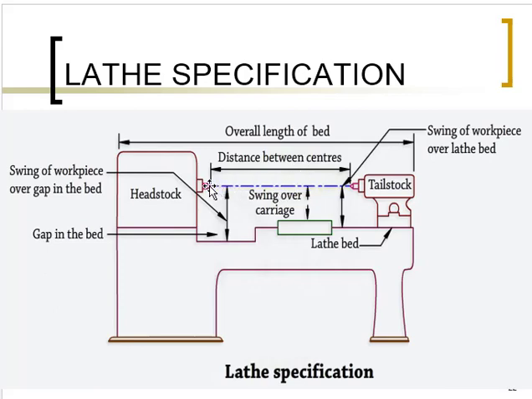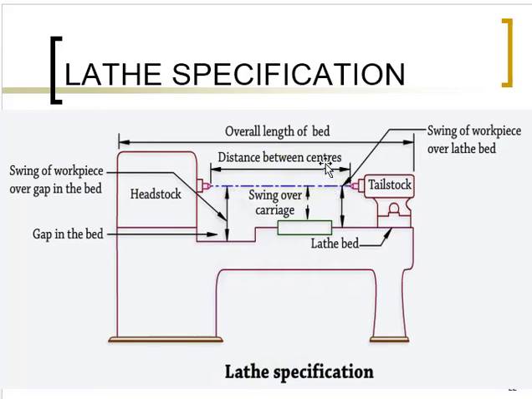This is the headstock, and this will be the work holding device. A 4-jaw chuck or 3-jaw chuck can be used here, and the tailstock is for support here. This is the distance between these two centers. This can also be called the live center, and this one the dead center. So this is the distance between the two centers here.